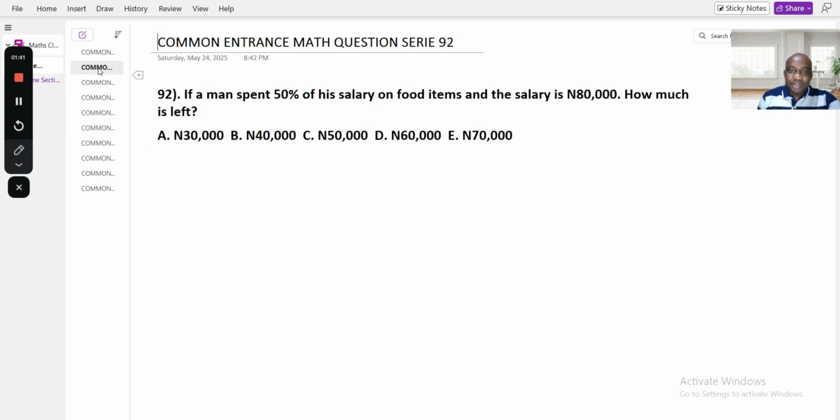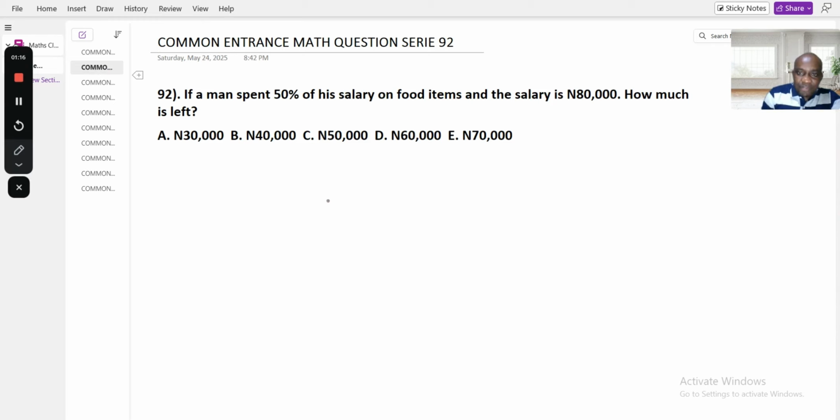If a man spends 50% of his salary on food items, and the salary is 80,000, how much is left? When you see 50%, it means a half, because normally percentage is 100%. If this man spends 50% out of his salary, it means that the remaining balance will be 50%.